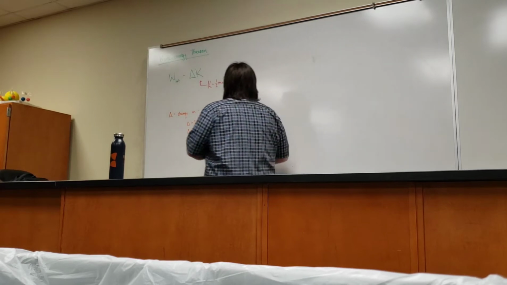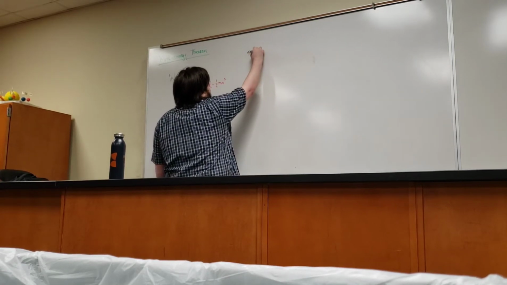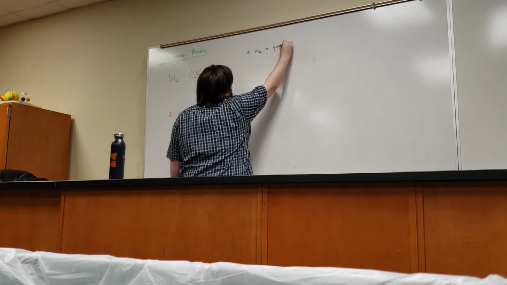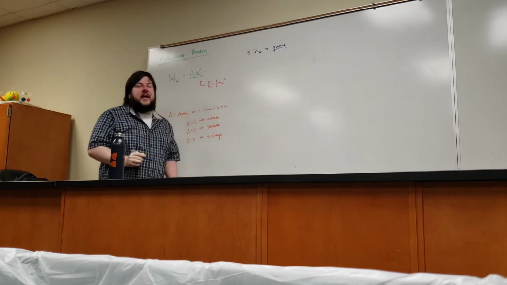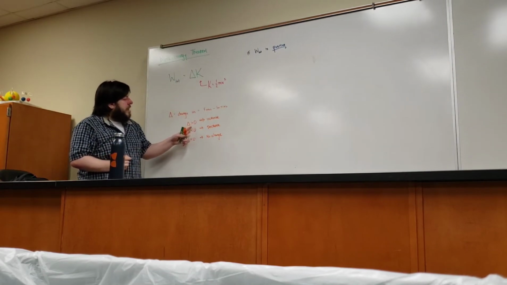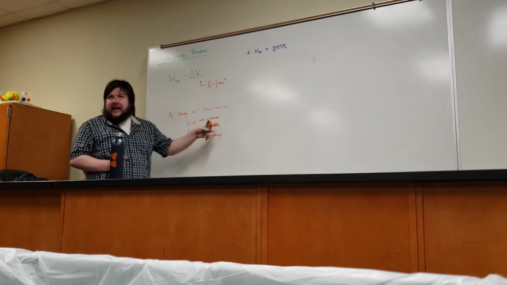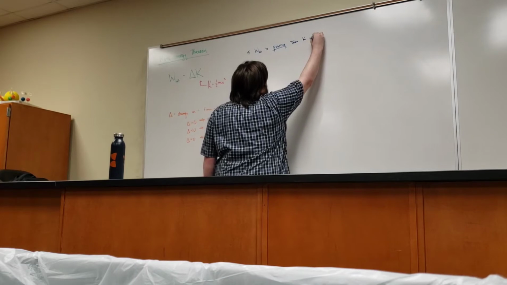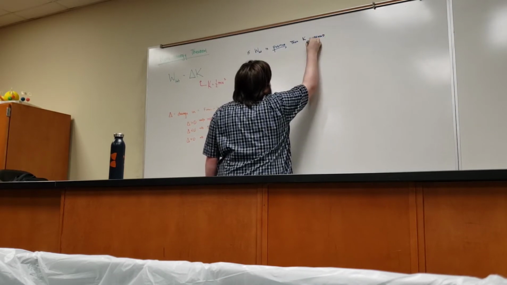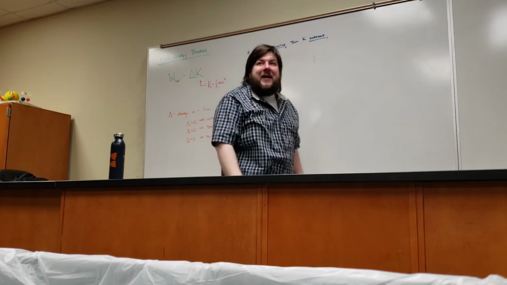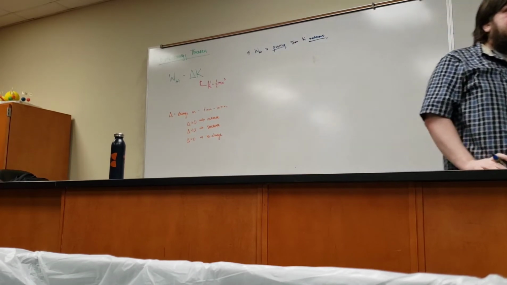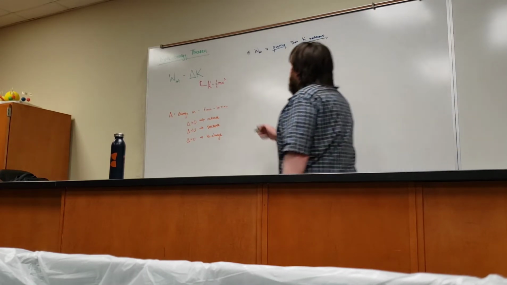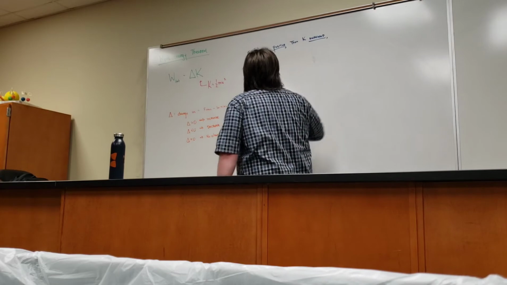If the total work is positive, that means that delta K is positive, and a positive delta means that K increased. What does that mean about the speed of the object? Its speed increased. If its kinetic energy increases, its speed increases.